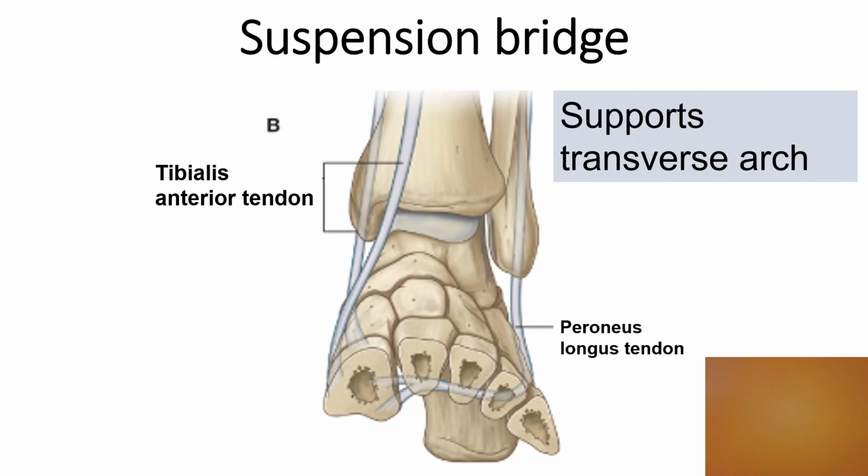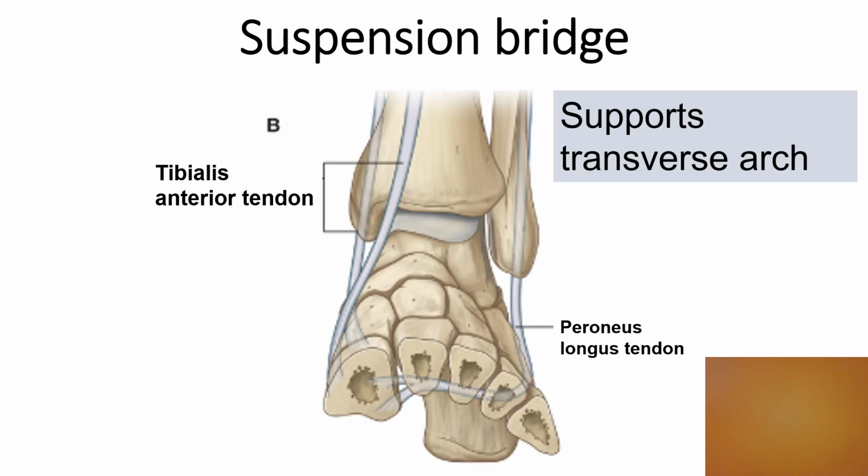The suspension bridge means that something will cross underneath the foot to elevate its middle part up, like a suspension bridge with ropes lifting it. And here we have two tendons for that.